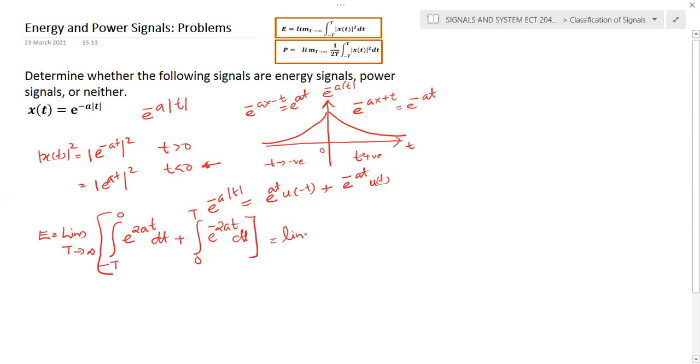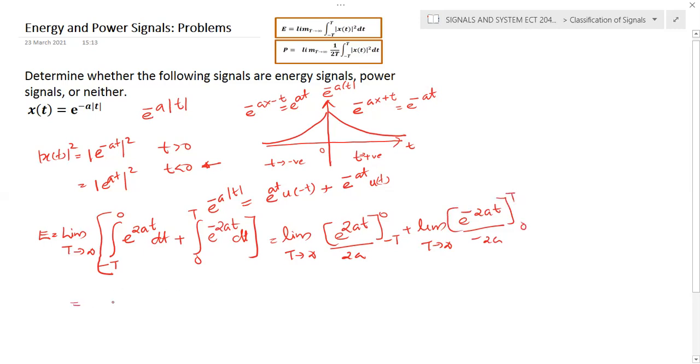First, with T tending to infinity, if you integrate, it becomes e raised to 2at divided by 2a, and we apply the limit minus T to 0, plus limit T tending to infinity, e raised to minus 2at by minus 2a, and we apply the limit 0 to T. If you apply the limits, we already simplified this equation, so you'll get 1 by 2a here, and here also we'll get 1 by 2a.